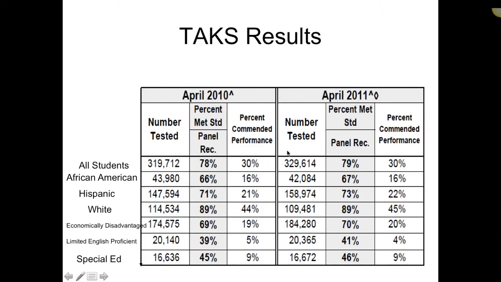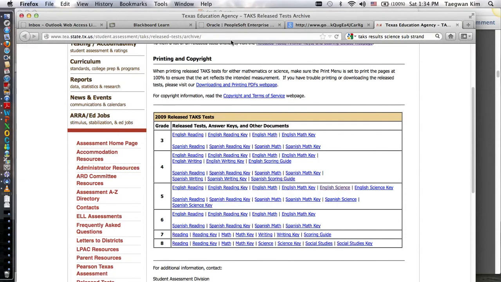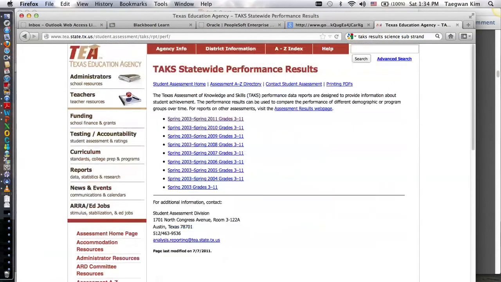Actually, when you go to the website, I put the website address. If you want to see the test results, then there is a website. Okay, this one is the place where I got this. So when you go to this TEA website, it shows all the statewide performance results, the test, grade 3 to 11.